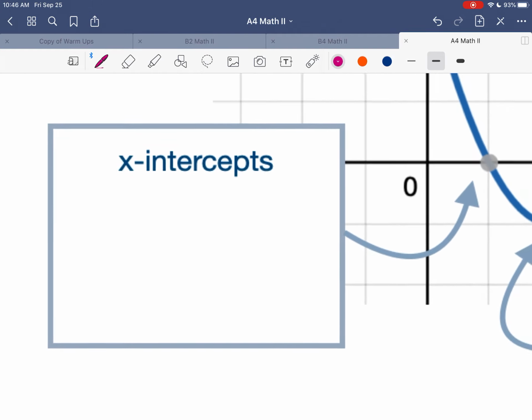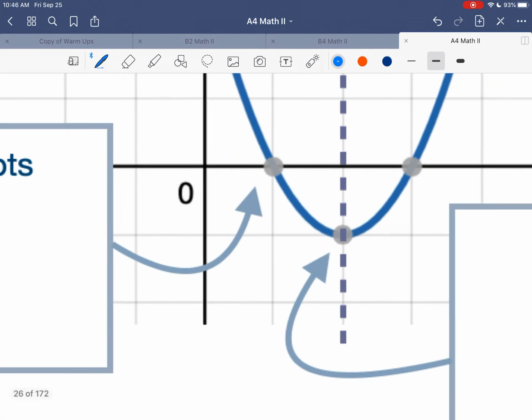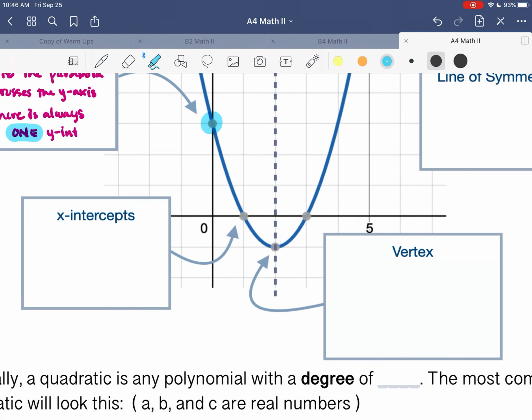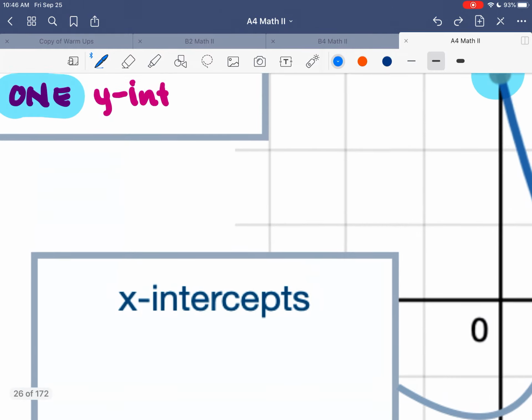The x-intercepts, and this is something that we will spend a lot of time talking about, are extremely important. It's one of the main features of a parabola. Notice that this parabola that's graphed here has two x-intercepts. And so there actually are a lot of different options here.